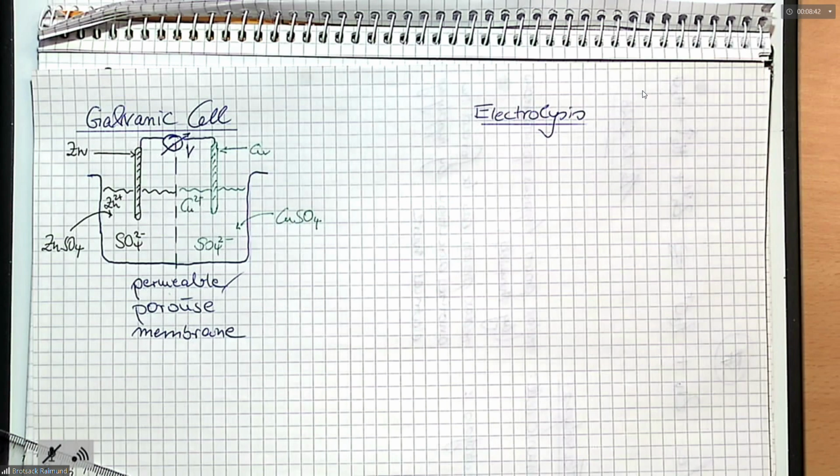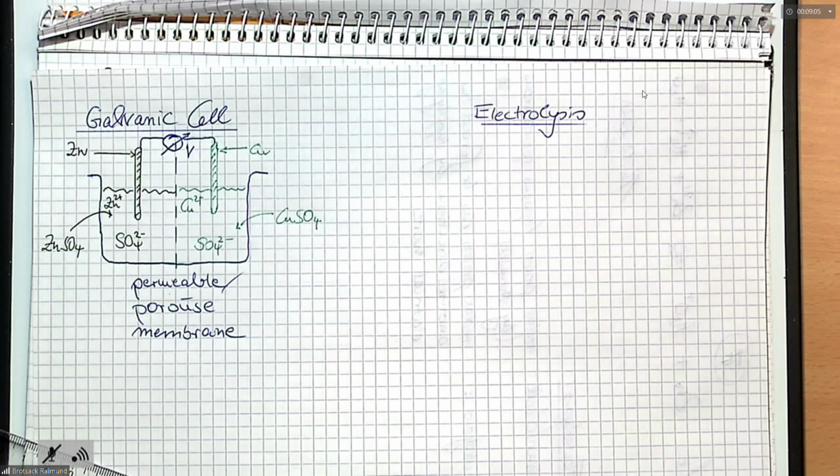Again, so first of all, what happens here? What will be the process in this system? Sorry? Salt bridge? There is no salt bridge. We have a permeable membrane now.